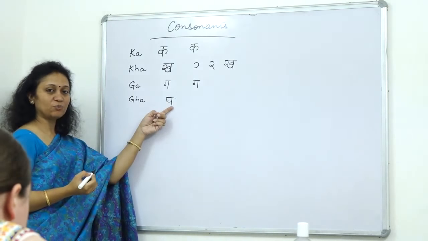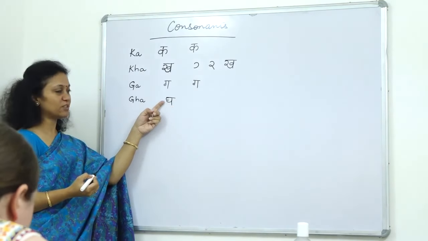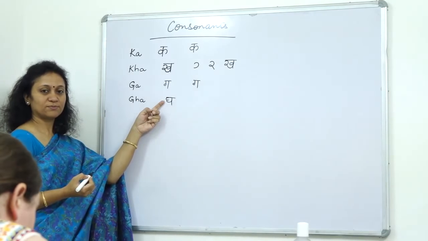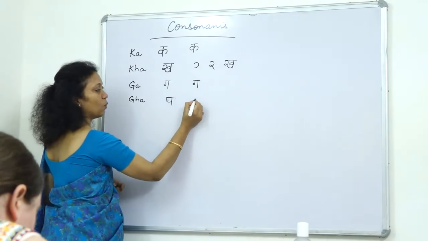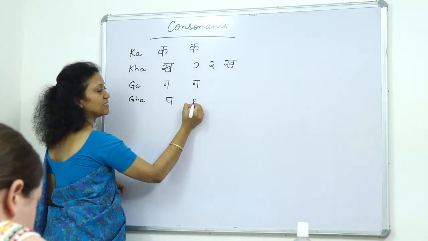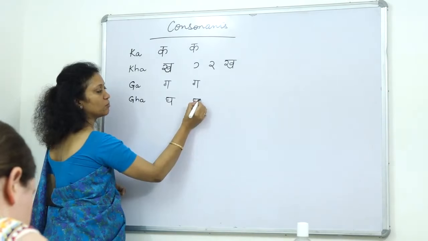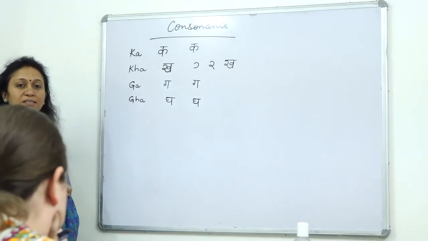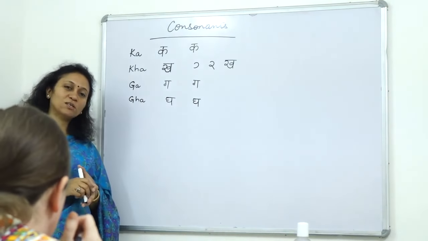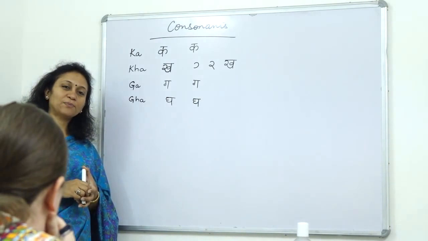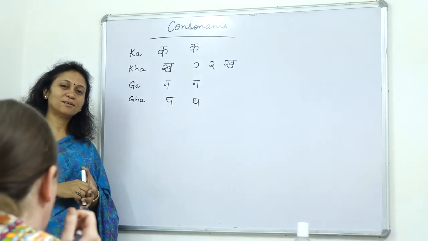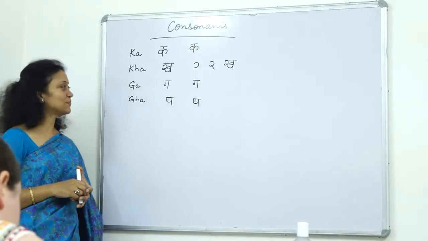This line is almost double the letter that you drew before. So that's gh. And which is the word that you say with gh? Ghar, house. That's right.